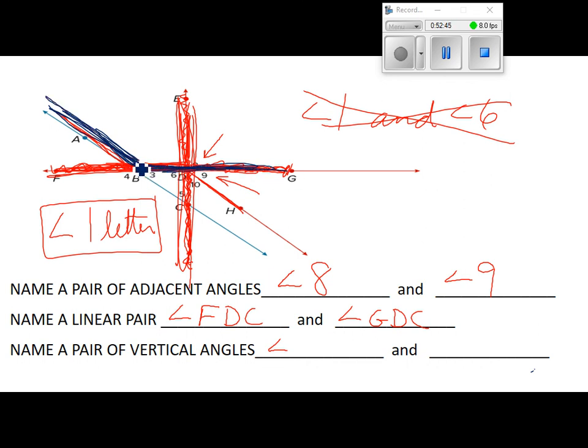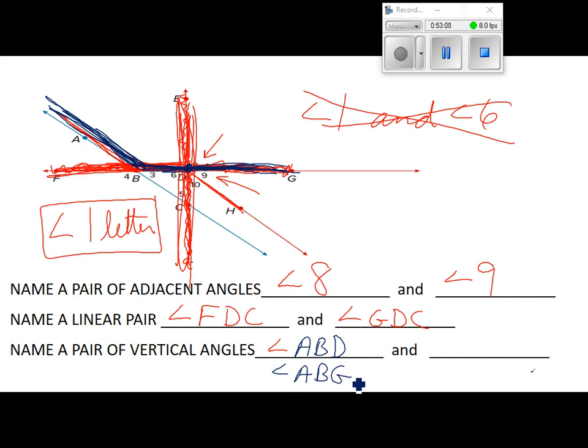Yeah. First of all, it appears to be what kind of angle? Obtuse. Now, could it have been named angle ABG? Yeah, D's right here. Does it matter which letter we put on that end? No. So we could put ABD, that's the exact same angle as ABG, same angle.